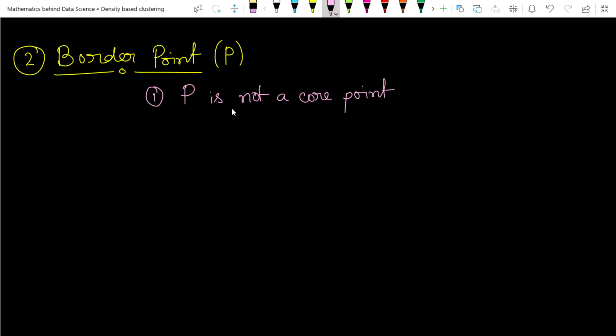Now the second condition is that P must belong to the neighborhood of Q. Wait, let's first try to understand.